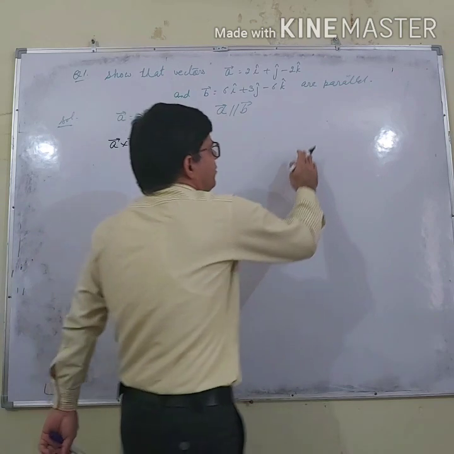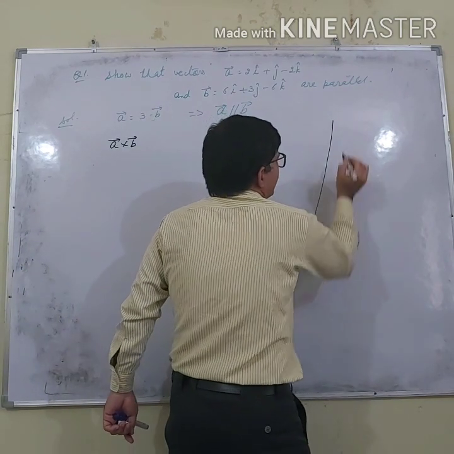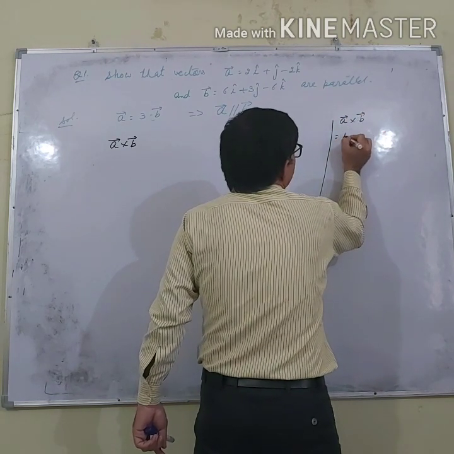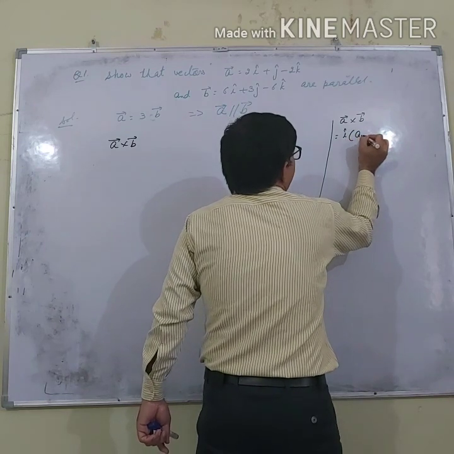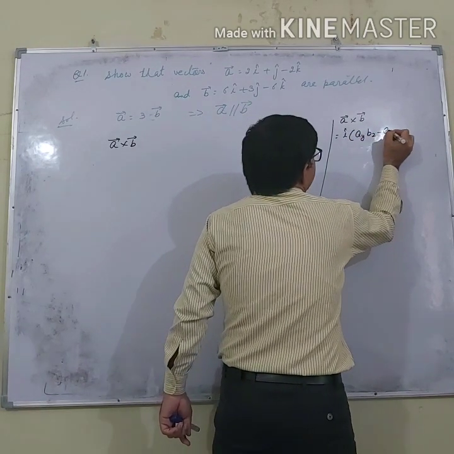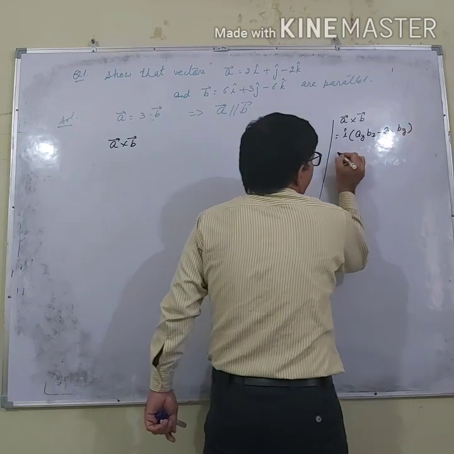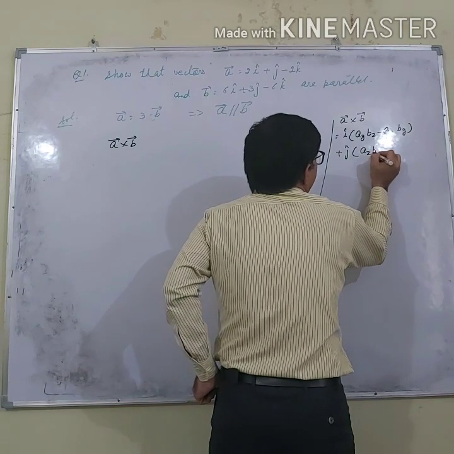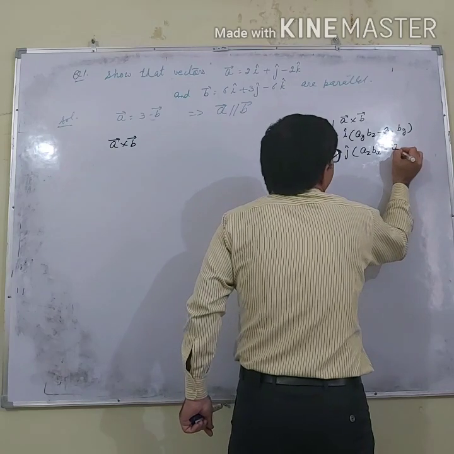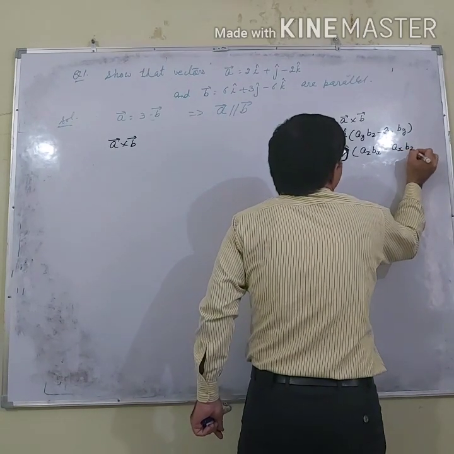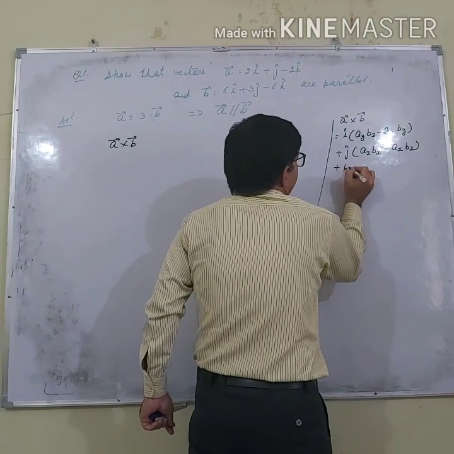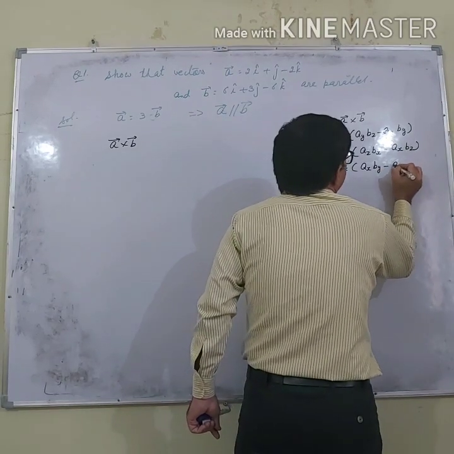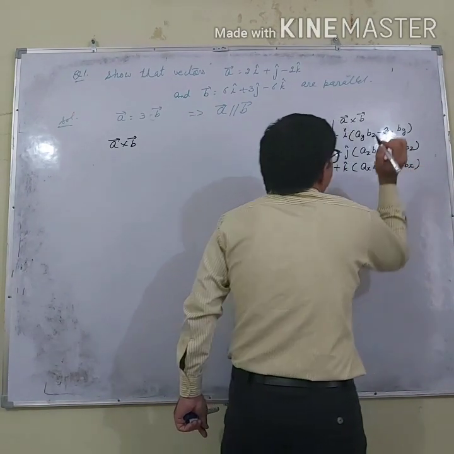All of you know that vector A cross B equals i cap (AY BZ minus AZ BY) plus j cap (AZ BX minus AX BZ) plus k cap (AX BY minus AY BX).